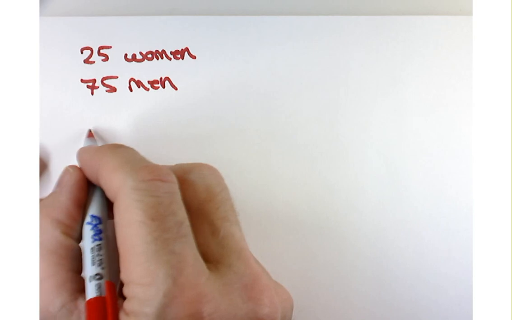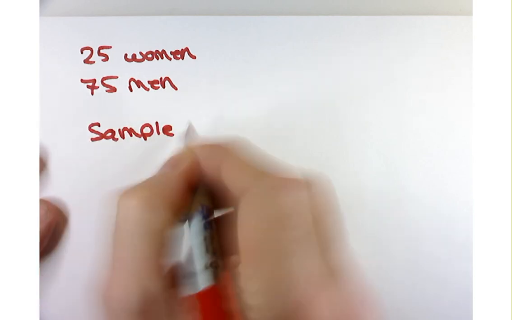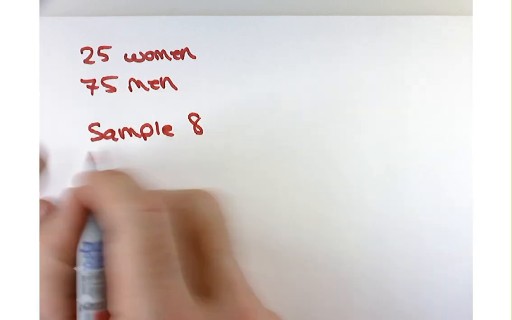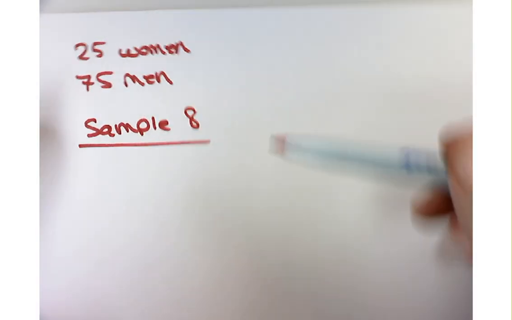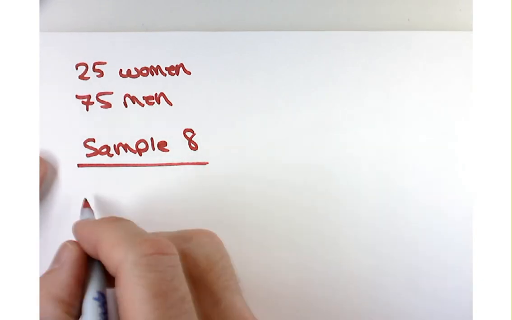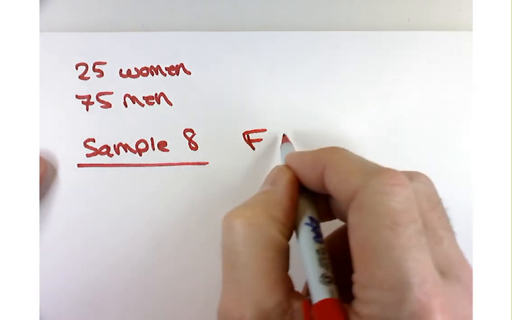Suppose you sample 8 of them. You want to find the probability of getting 4 women or something like that. You're going to sample 8. So you start thinking, is it a binomial random variable?